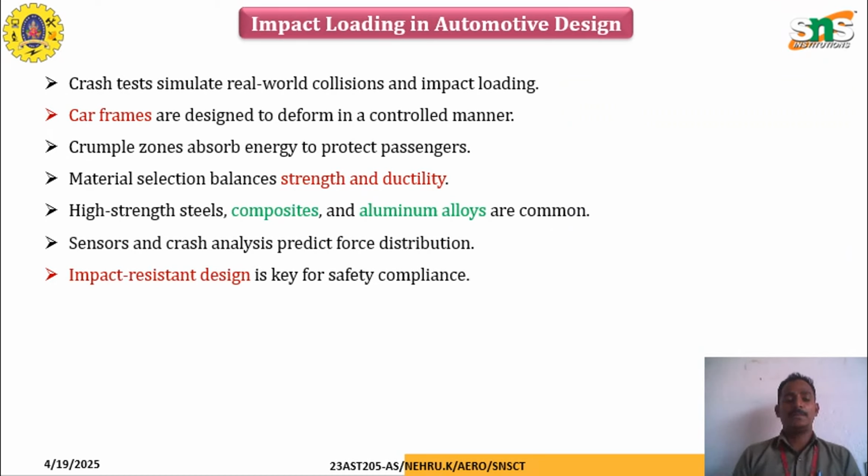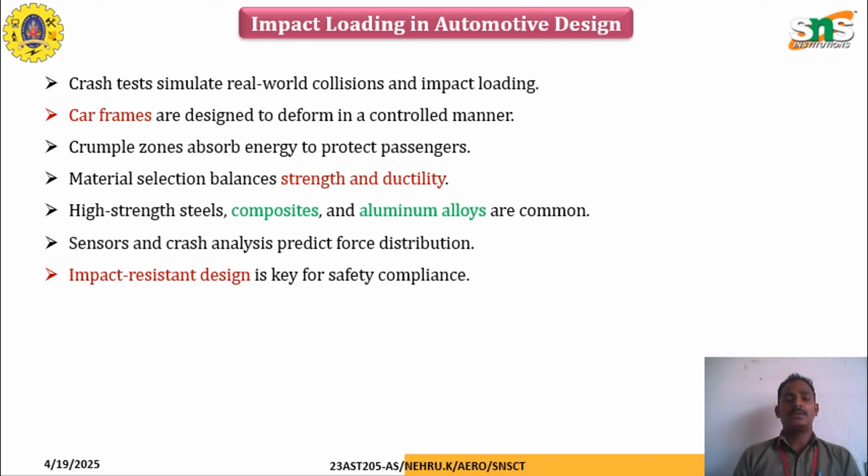Next, coming to impact loading in automotive design, crash tests, simulations, and real-world collisions and impacts are the primary considerations in automobile design. Especially, car frames are designed to deform in a controlled manner so that they can absorb the impact, whereas they cannot transfer the total load to the passenger or the driver.